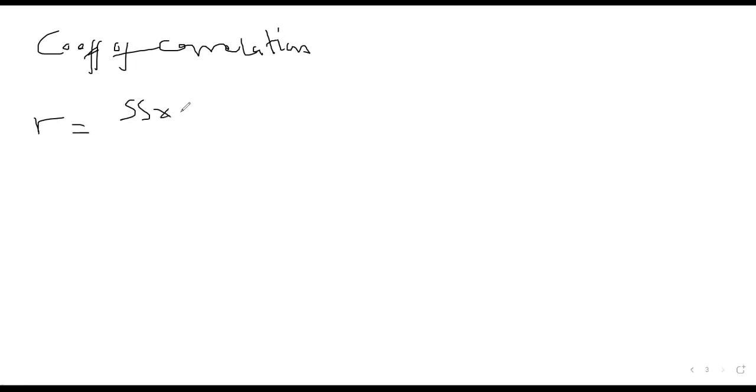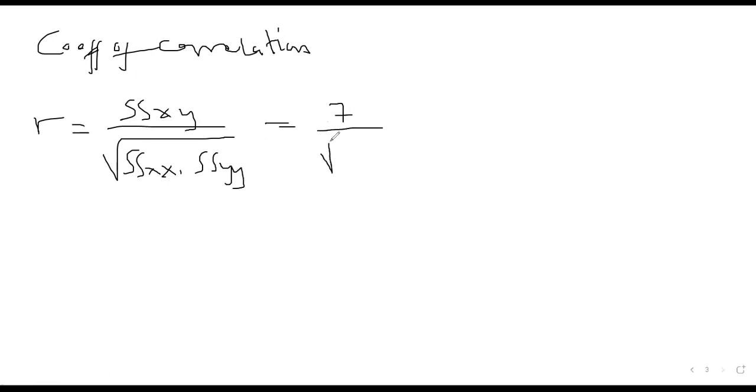And they ask you to find the coefficient of correlation. It's given R is equal to what? SXY over the square root of SXX times SYY. So our SXY was 7. Our SXX was 10.